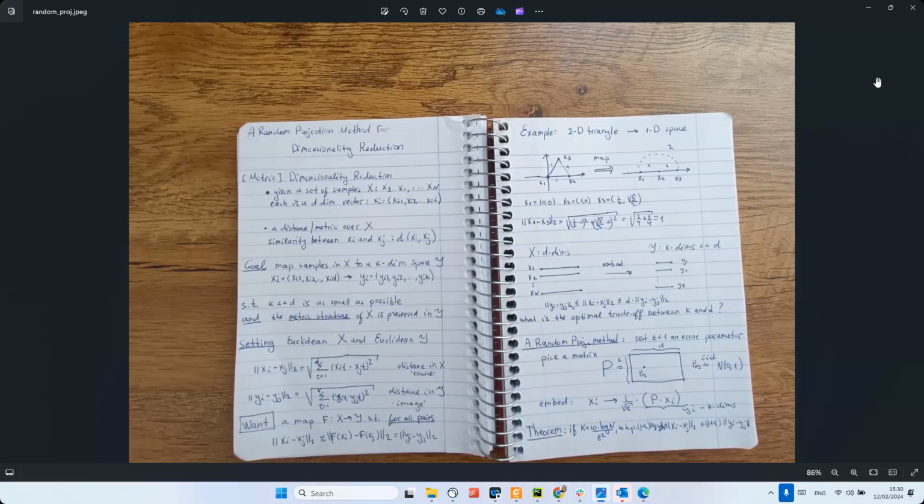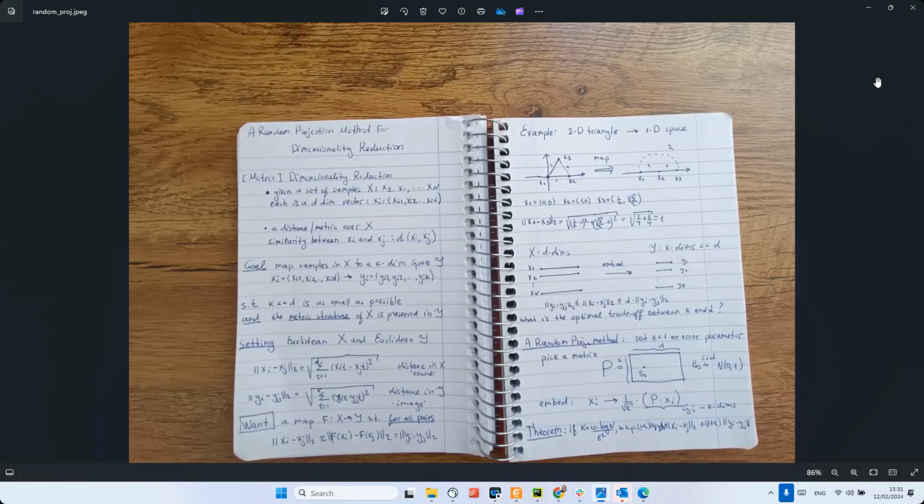Okay, so what is the guarantee? The proof, and I hope next meeting we are also going to prove this, is that if we set k, the number of new dimensions, to be logarithmic in the number of points, divided by epsilon squared, then with high probability all the new distances will be within a factor of 1 plus epsilon of the original distances.